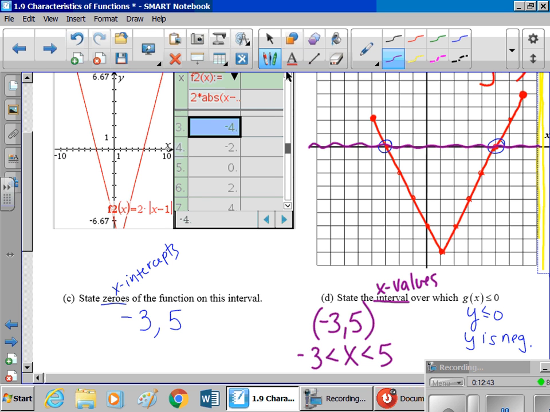Okay? Because I know it's negative from this point down. Hope that makes sense to you. So this is the piece that we're looking at that's less than 0, where all the y's are negative.